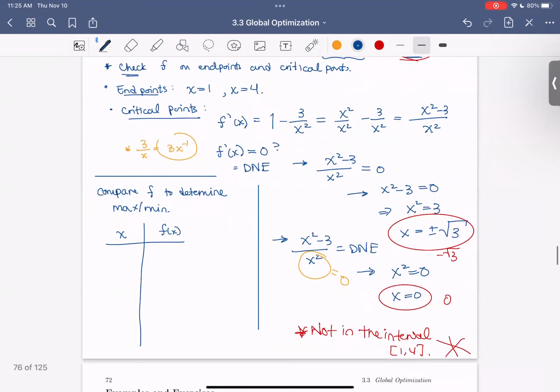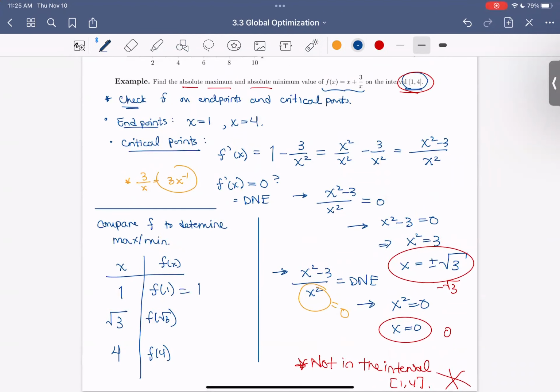All right, so let's set this up. We have our point 1, our point root 3, and our point 4. Let's go ahead and check the output values for those 3 points. We're computing f of 1, f of root 3, and f of 4.